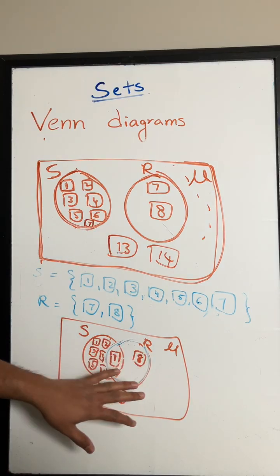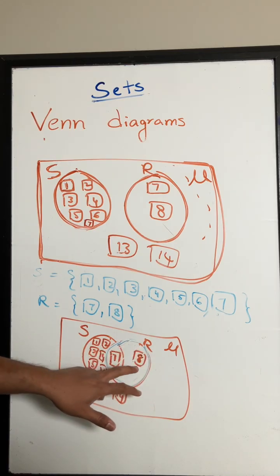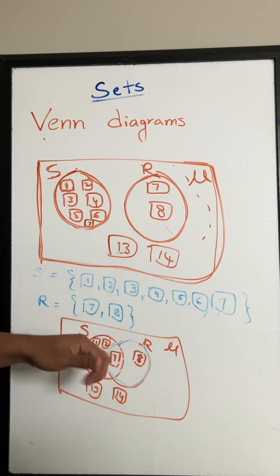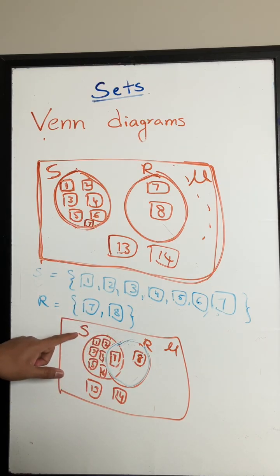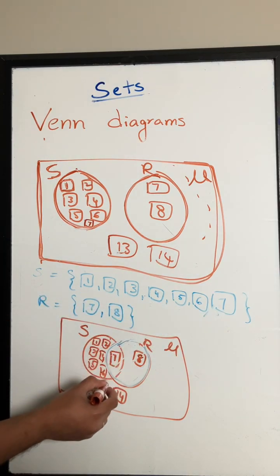Ranga's circle is this much. So he is holding 7 and 8. Ranga is holding 7 and 8. Good job. And what is my collection of stamps? 1, 2, 3, 4, 5, 6, 7. So what is my circle? My circle is here.